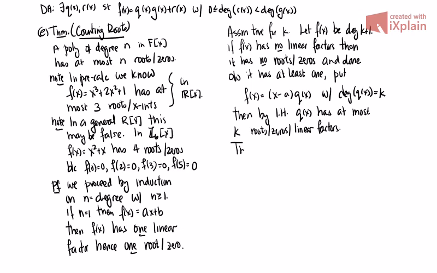So therefore, f of x is x minus a times q. This has at most k plus 1. And that's the end.